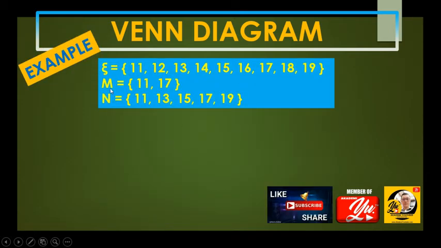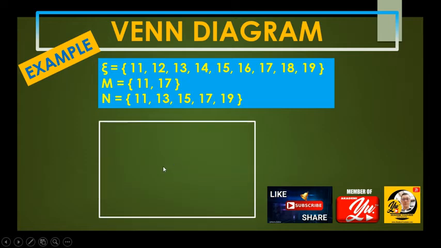So how to represent universal set and set M? The first thing is we draw one rectangle to represent universal set. All the elements we put inside the rectangle. We want to represent set M, because set M has two elements, 11 and 17.